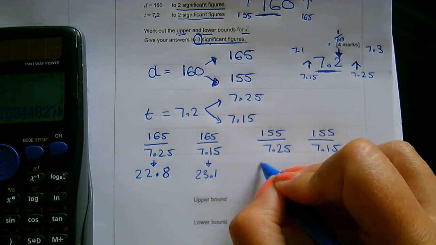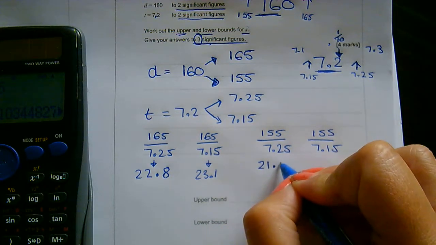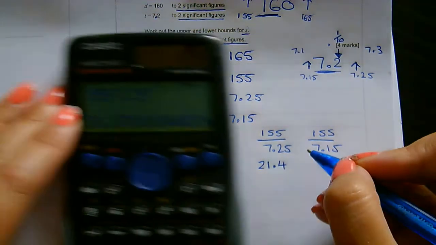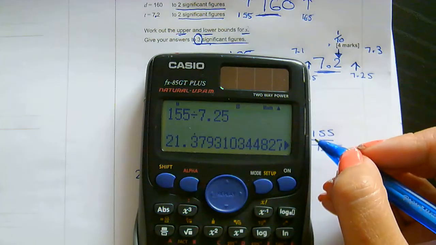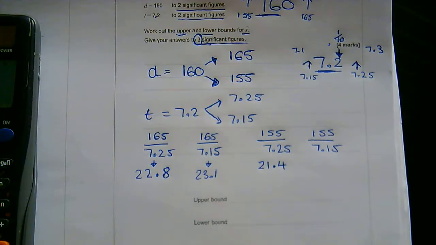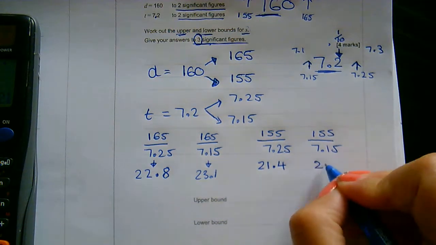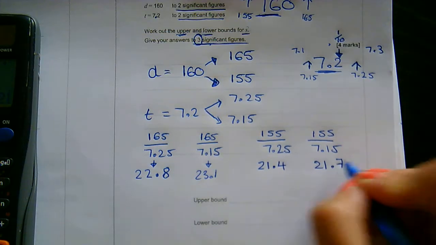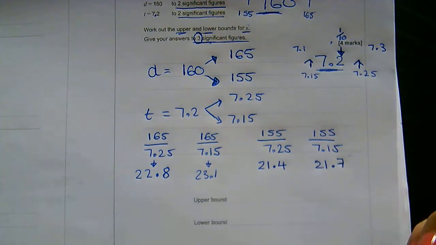That gives me 21.4. Obviously, again, all I'm doing is just the rounding on these, so you can do those as well. And then the last one, 155 divided by 7.15 to get 21.7. So I've got all my four answers here.